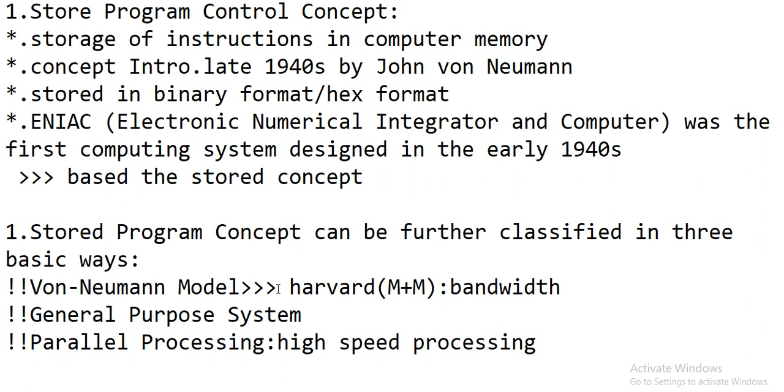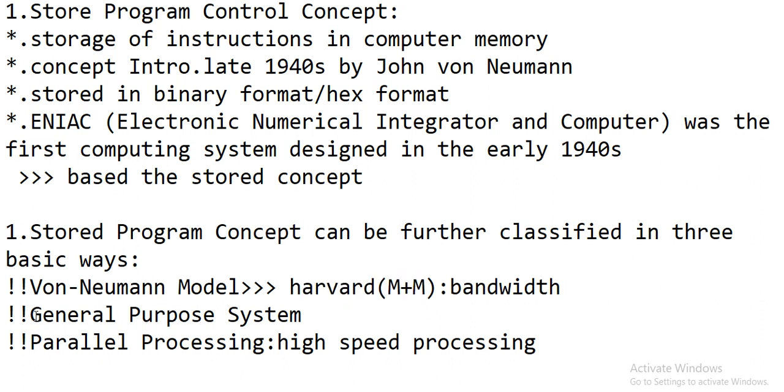Here we have a problem: we don't have a very good bandwidth. To enhance the bandwidth, the Harvard architecture comes into the picture. In this architecture, program and data are stored in separate memories, so we require different buses, and due to that our bandwidth is enhanced.